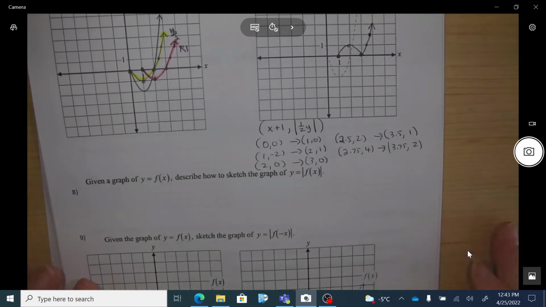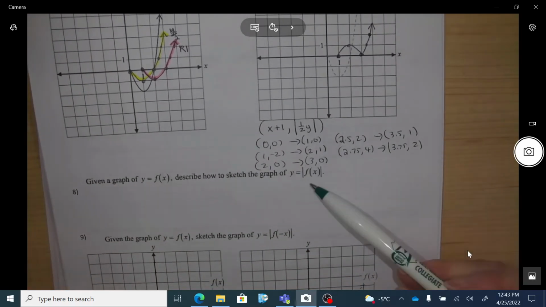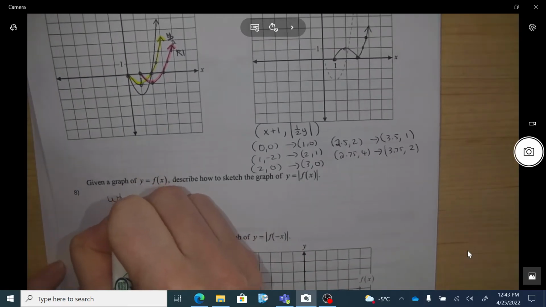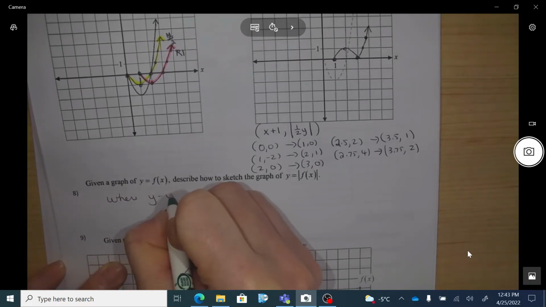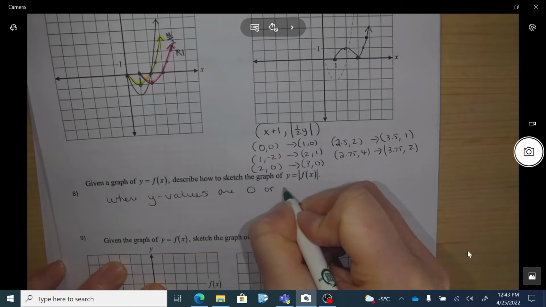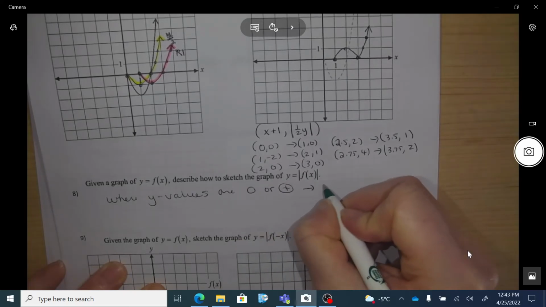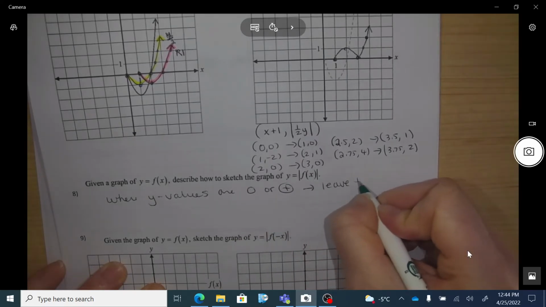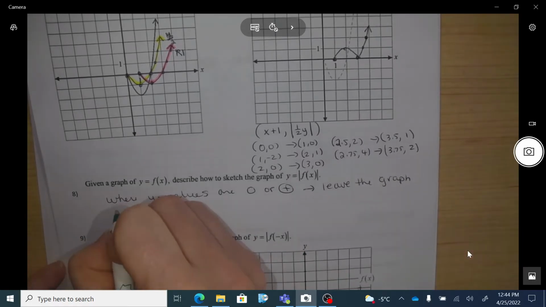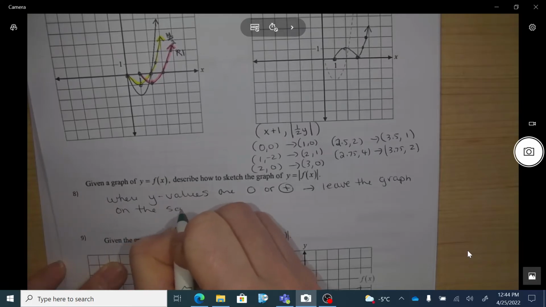Given the graph, describe how to sketch the absolute value. So we've actually had this question where y values are 0 or positive. Leave the graph on the same points.